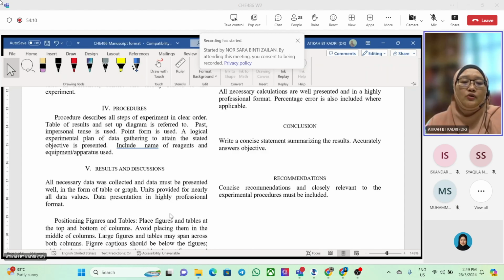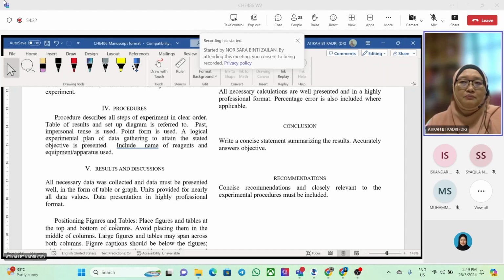You are going to use all these data, tables, sketches or graphs in order to do the discussion. Over here, for a manuscript, you don't split between results and discussion.